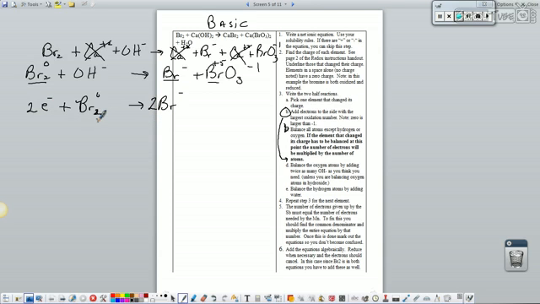So each one of these has to gain an electron to produce 2 of the Br with a minus charge. That's what I said earlier in the first part of this, was that you have to balance all of the atoms except the hydrogen and the oxygen.